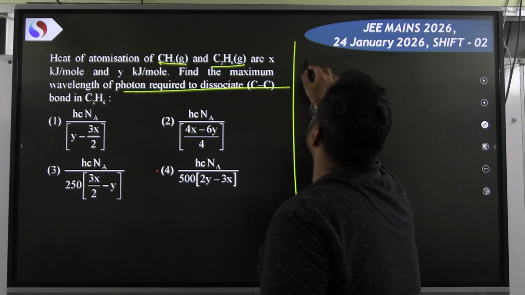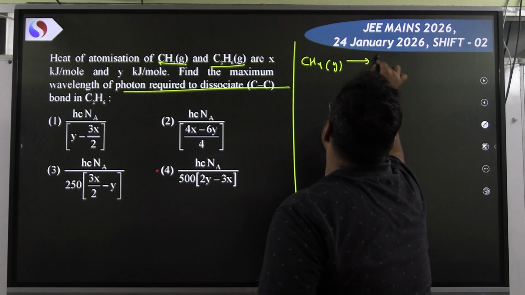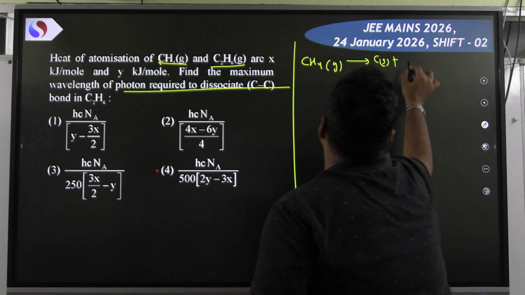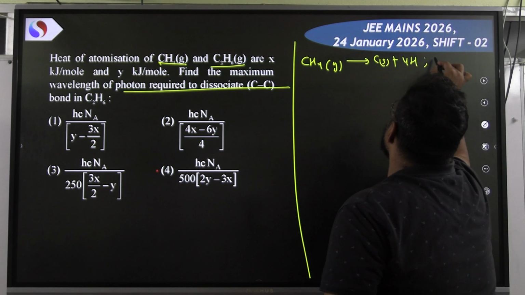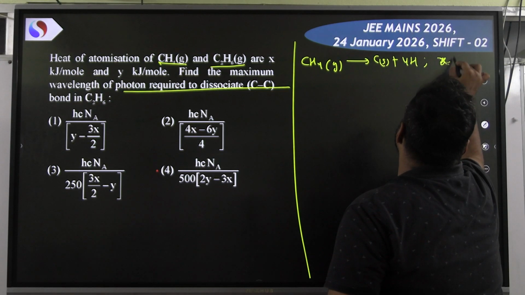So look, first, CH4 gives carbon plus 4 hydrogen, and for this it is x kilojoule per mole.